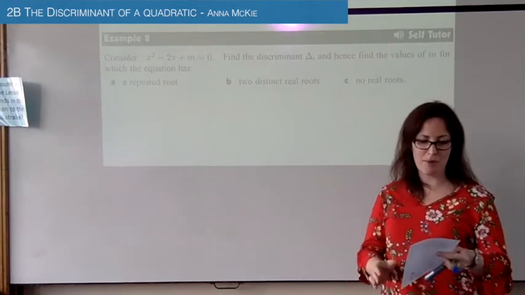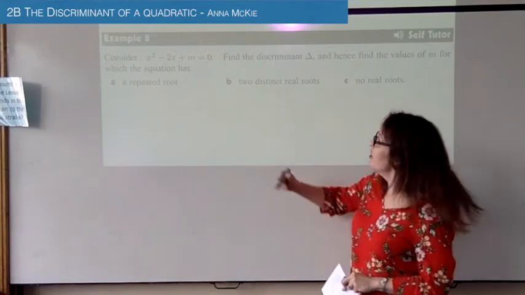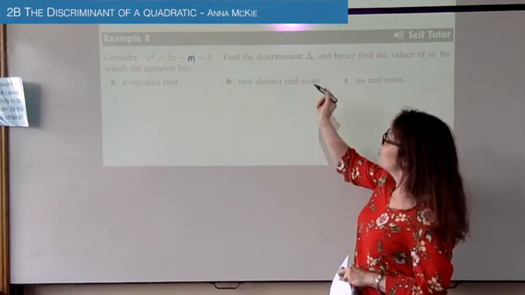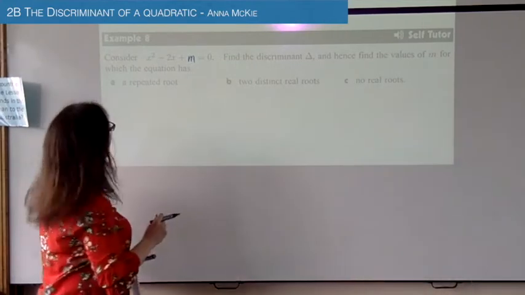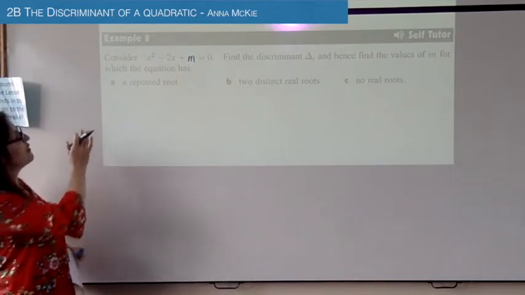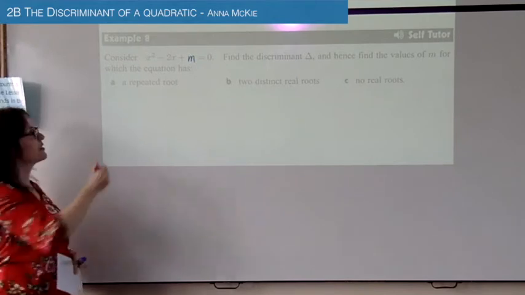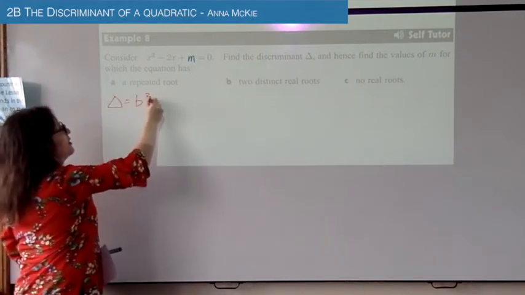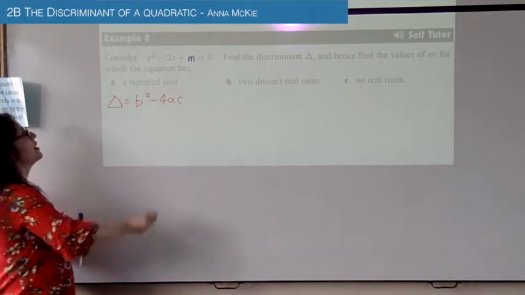So our last example here is we have to consider this equation. You may or may not see that we have an m in this equation here. We're asked to find the discriminant and work out for what value of m it will have the different scenarios. So first of all, I'll write down the formula, and I'll write down what my a, my b, and my c are.